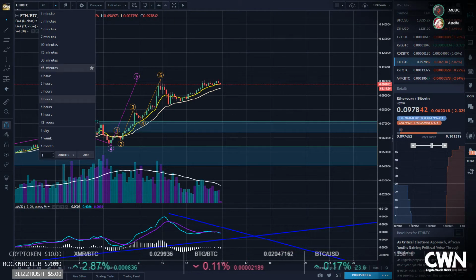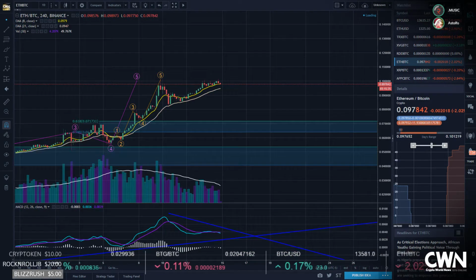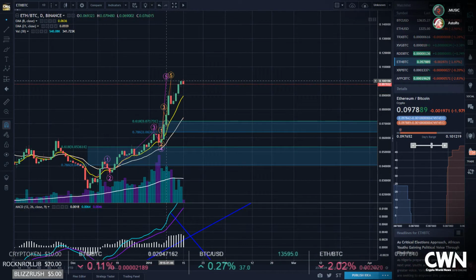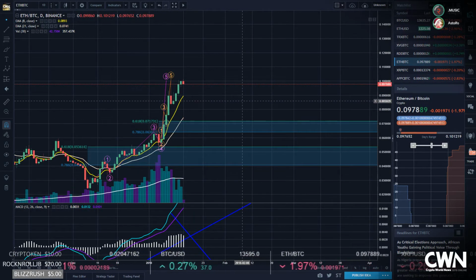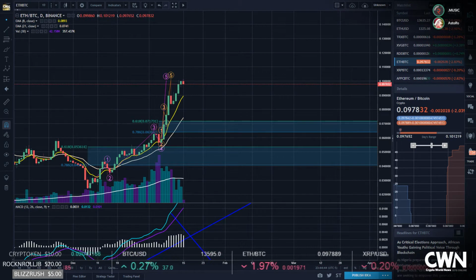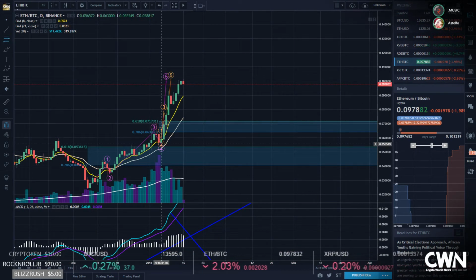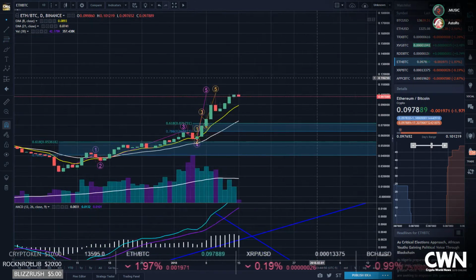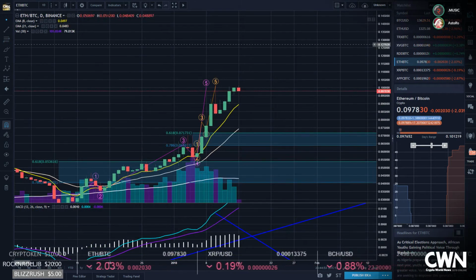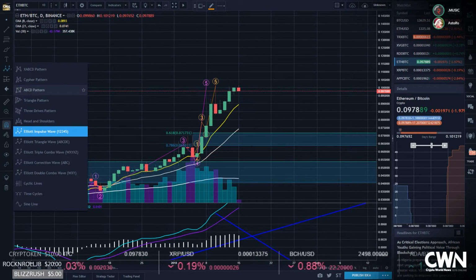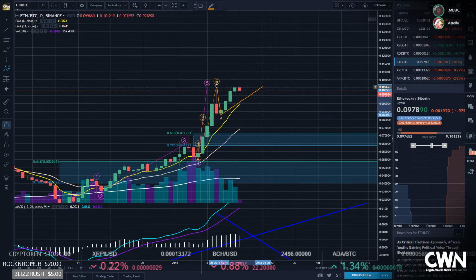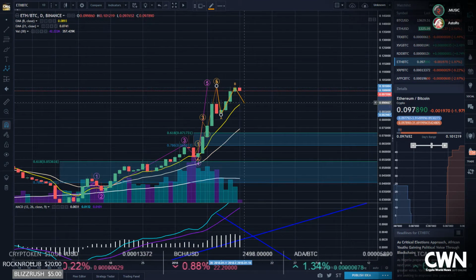Let's zoom back out on the daily. I believe that was support fib right there. Yep. We're going to go ahead and use this as our suggested ABC.